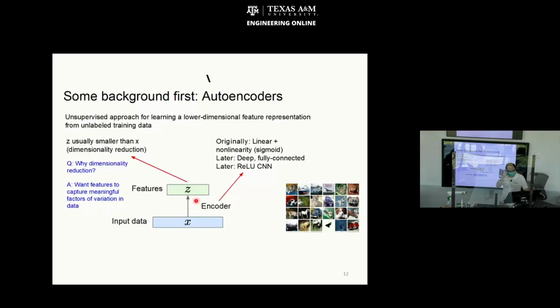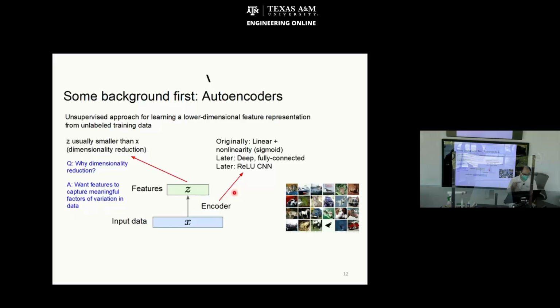Remember, if X is an image, the encoder is a CNN, and the feature is just the hidden vectors, the hidden variables. Originally, people started with just linear and then nonlinear, like an MLP kind of thing. But later on, you can use deep fully connected, ReLU, or CNN.